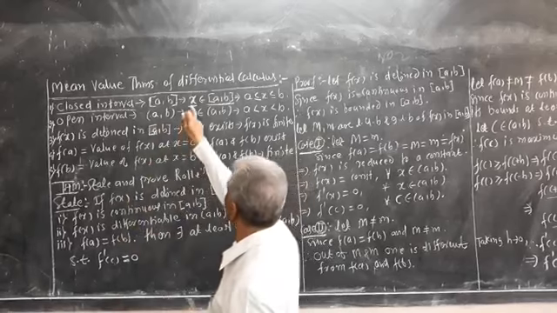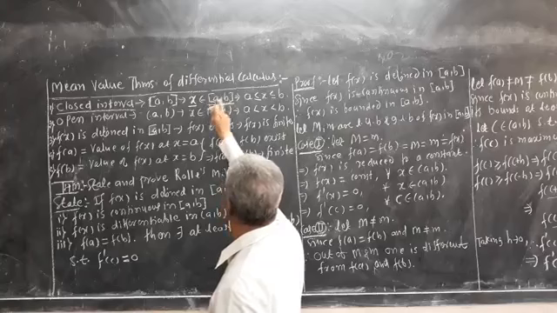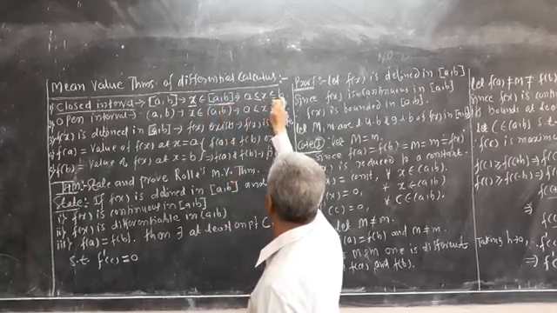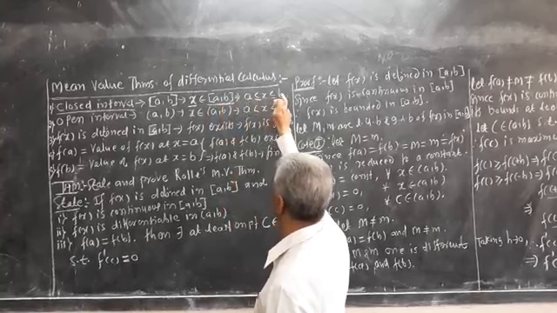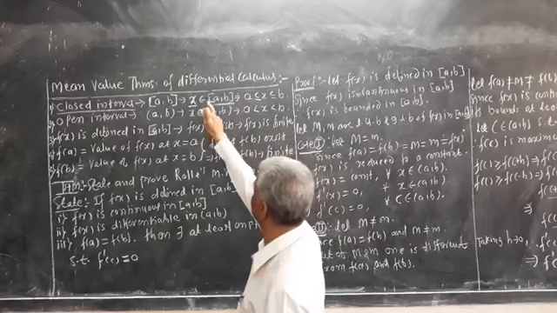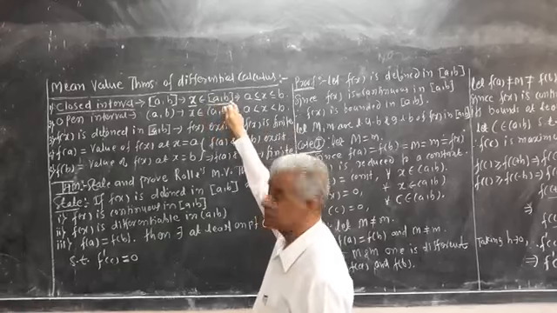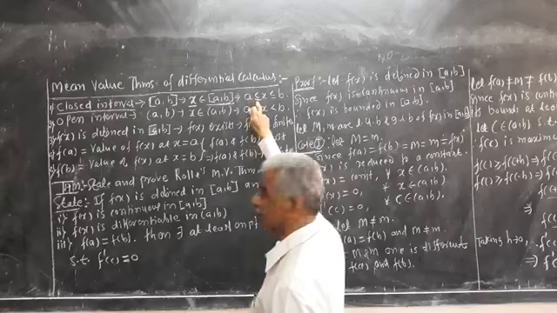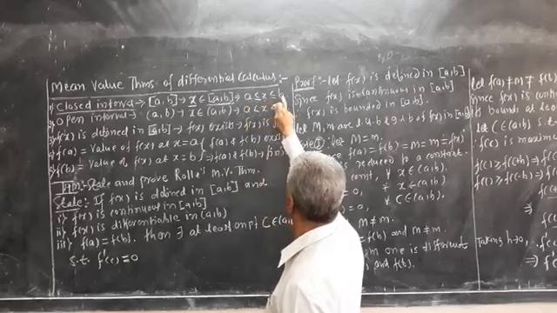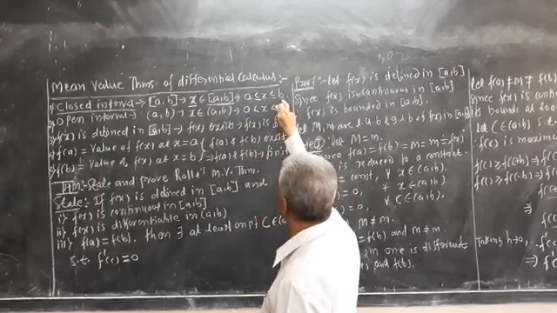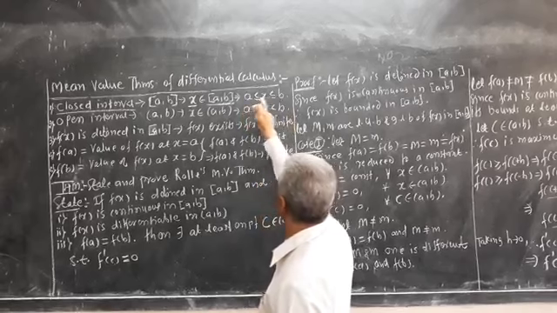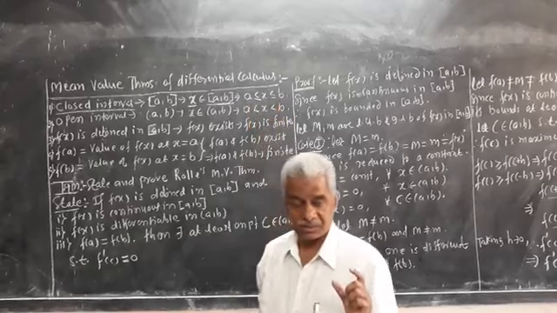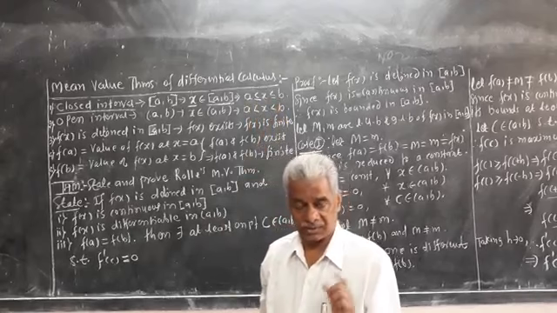It means that x is any point between A and B, and it is a closed interval. It means that x is equal to A as well as x is equal to B, and x takes any values between A and B.